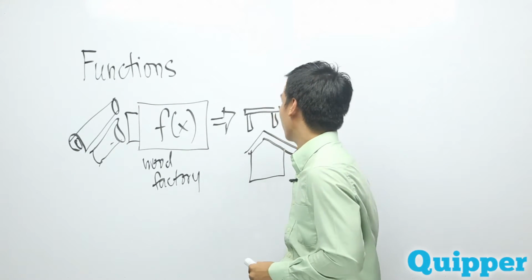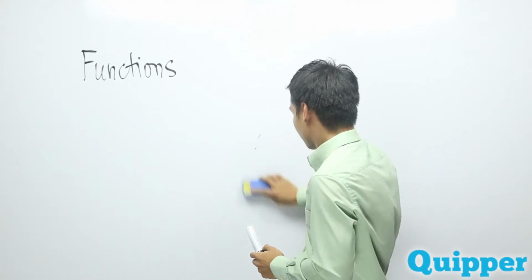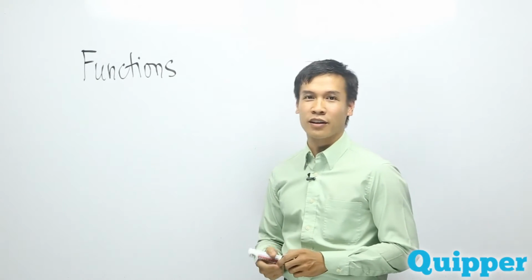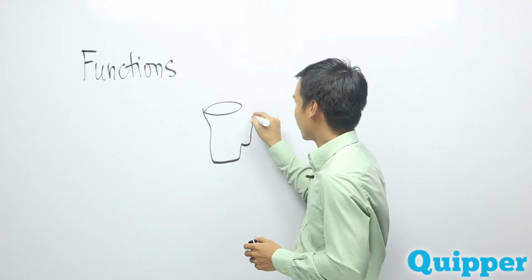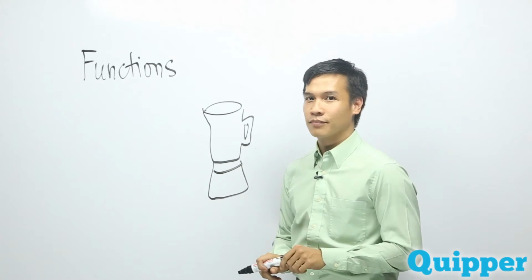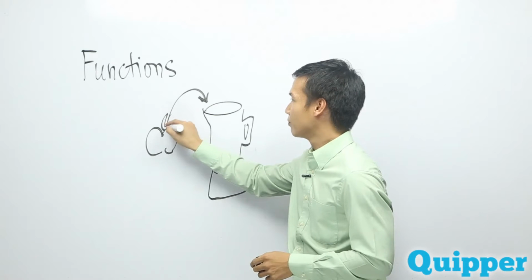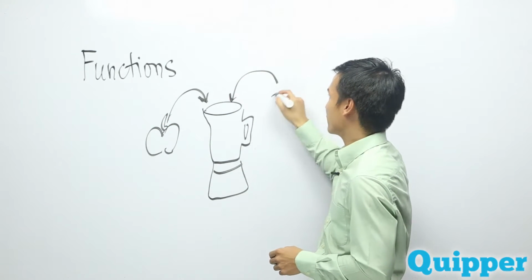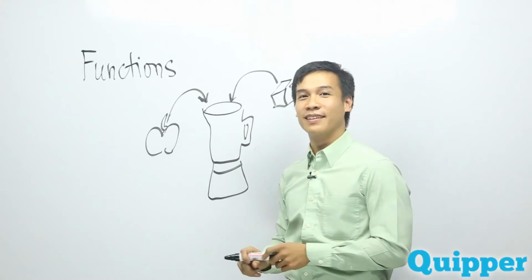Let's take another example. Functions could also be thought of as simple as, say, a blender. This is a common thing you find at home. If we say the input is apples and another input is ice, what do you suppose we come up with?